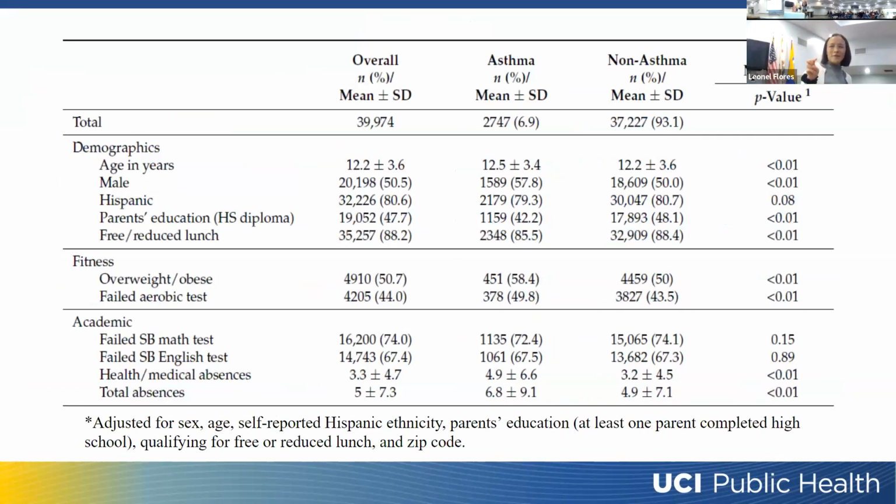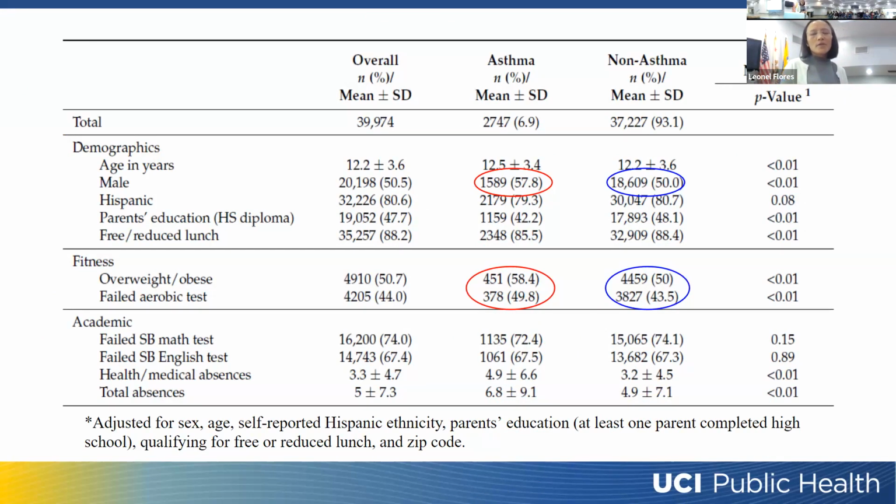Okay, can you click? Because I have some circles, these are too busy. So basically, if you compare children with asthma versus without asthma, children with asthma are more likely to be male. Next. And then children with asthma have more overweight or obese children.